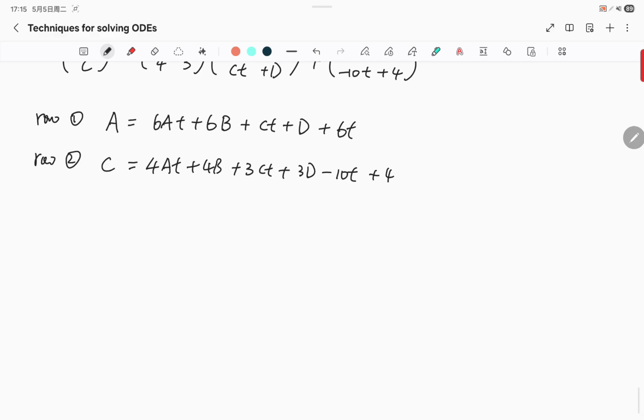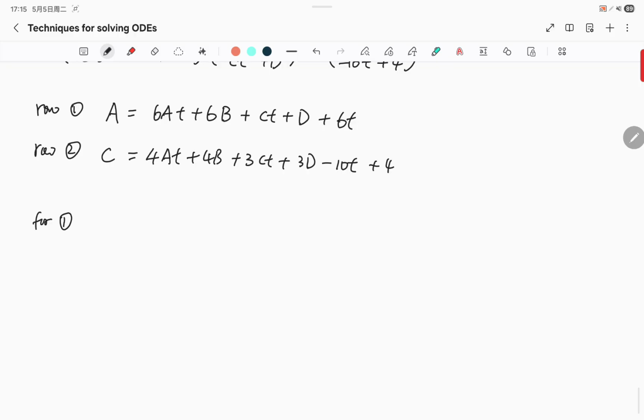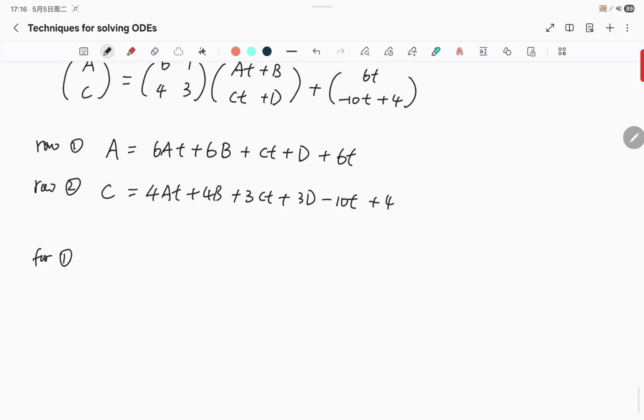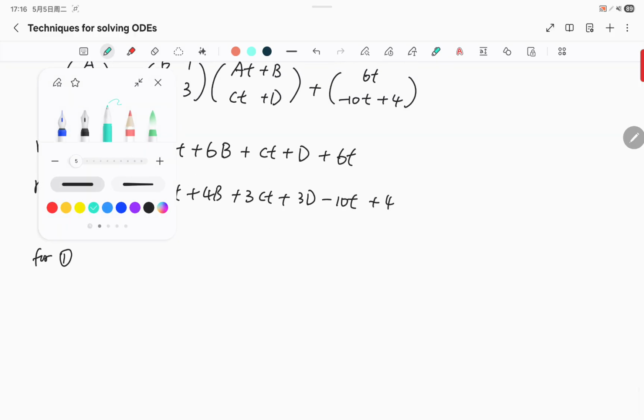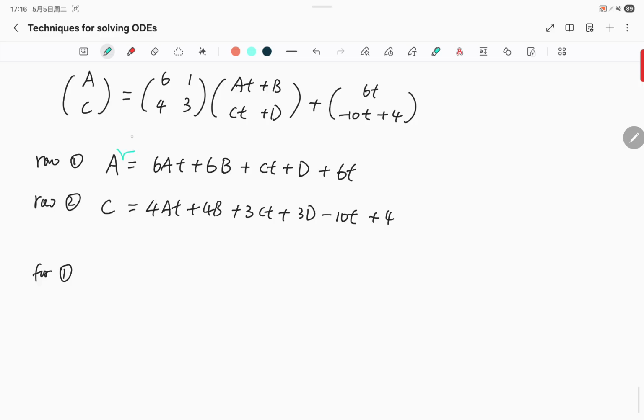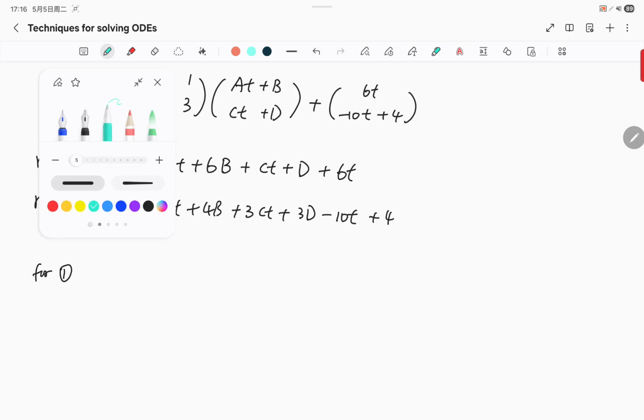Now we can make a table. This is exactly the same technique that we use in undetermined coefficients. Treat these two separately. For row 1, we have a plus 0t, c plus 0t.